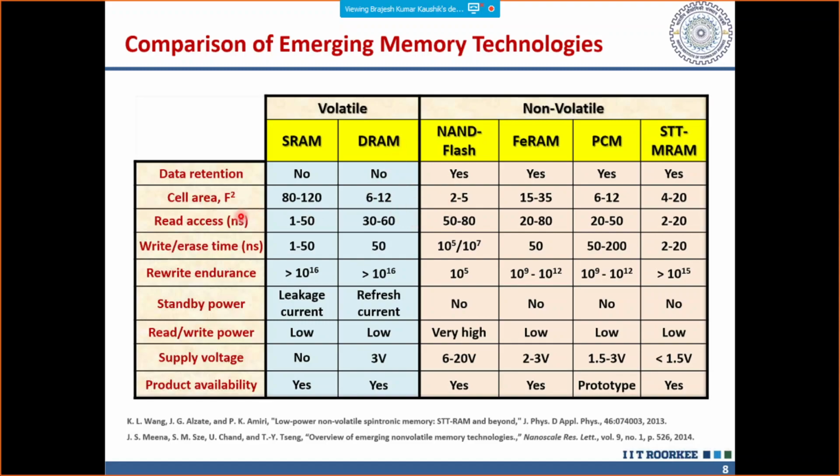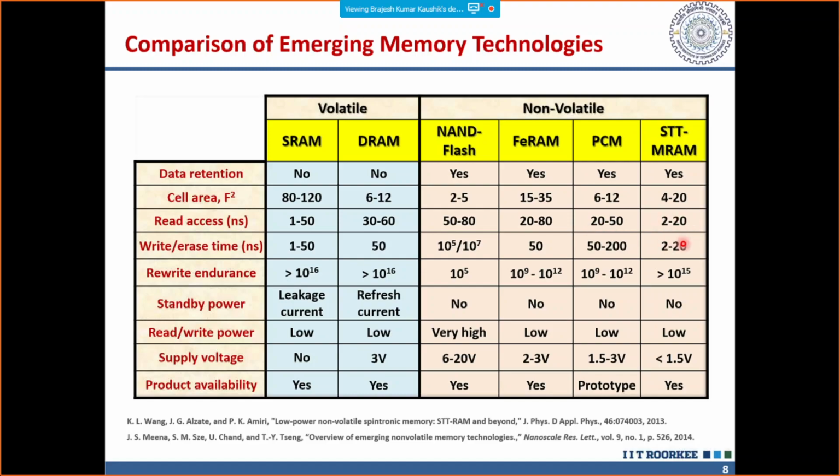When you talk about read access time, SRAM has something like 1 to 15 nanoseconds. Your DRAM has 30 to 60 nanoseconds. Your NAND flash has 50 to 80 nanoseconds. Your ferroelectric RAM has 20 to 80 nanoseconds. Your PCM has something like 20 to 50 nanoseconds of read access time.